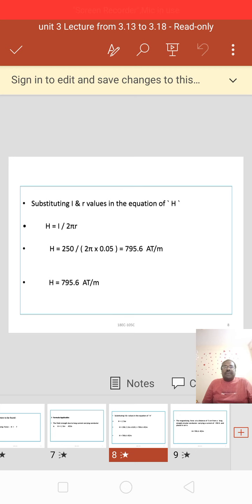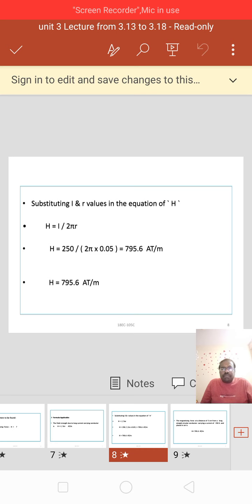Now substituting I and r values in the equation of H, H equal to I by 2 pi r. Now I equal to 250 and r equal to 0.05. H equal to 250 by 2 pi into 0.05. After simplification we obtain H equal to 795.6 ampere turns per meter.